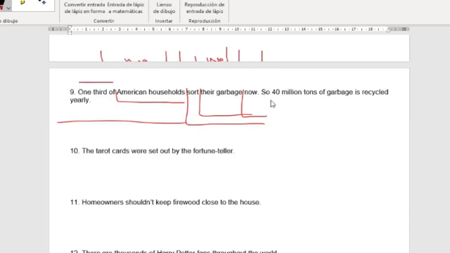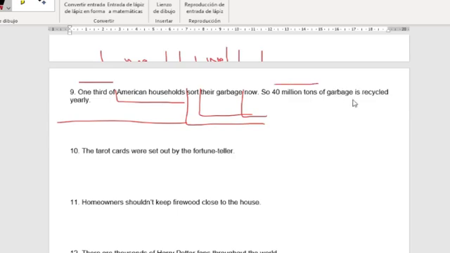Okay, now we have a conjunction here. So you see, it's giving more information. 40 million tons of garbage is recycled yearly. So what is this? It's a conjunction. And this? 40 million tons of is a periphrastic. It has a noun, so that is periphrastic. All this thing is a periphrastic.